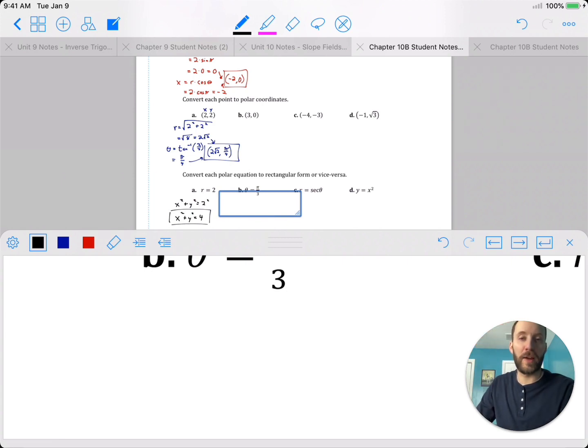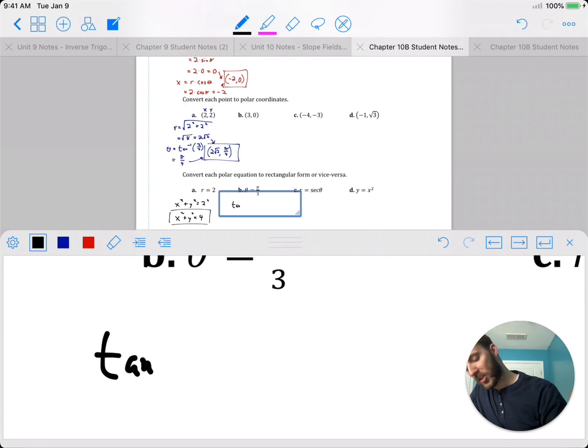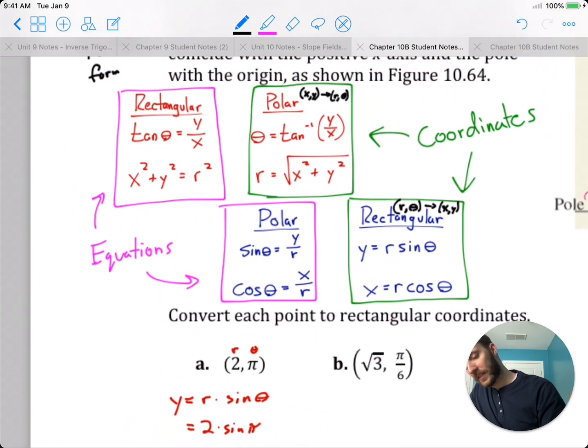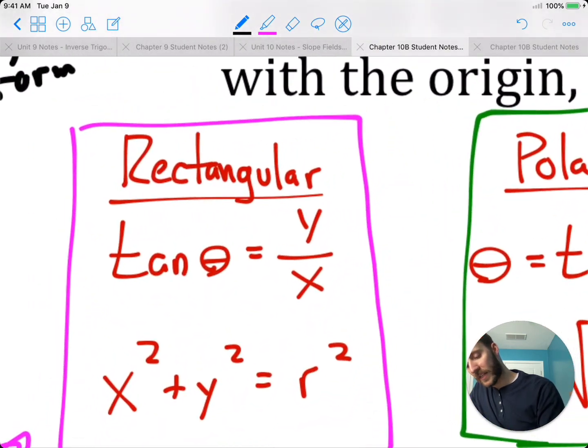Theta equals pi over 3, so our direction pi over 3. I said 6, meant 3. Theta is pi over 3, doesn't matter what the radius is, just always pi over 3. So tangent of our theta value equals y over x, using this right here.